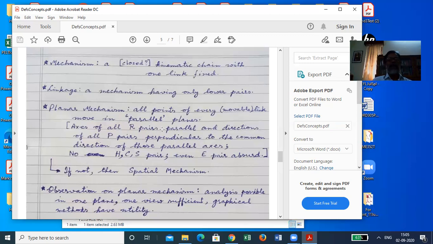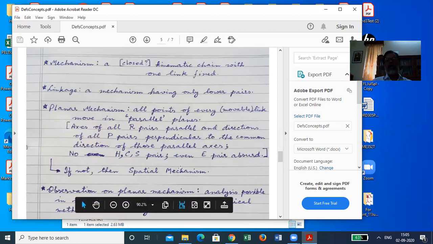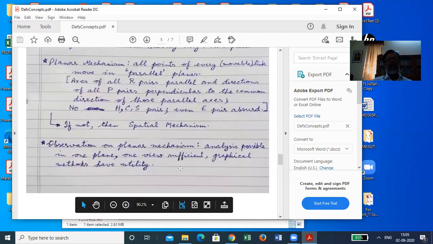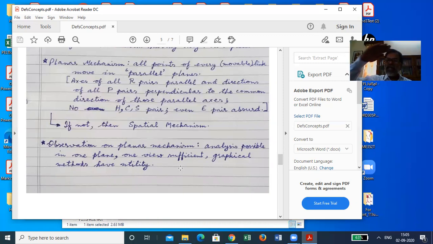And the main thing about a planar mechanism is this observation: analysis is possible in one plane. So if the z coordinate of each and every point of each and every link is going to stay constant, then you have no botheration about analyzing how it changes, because it does not change.